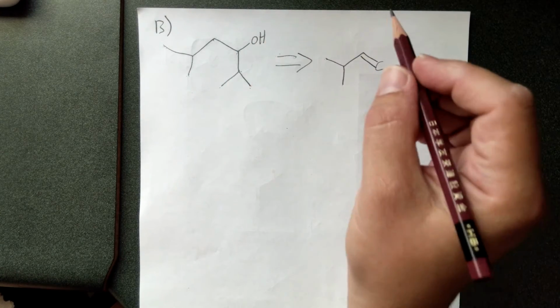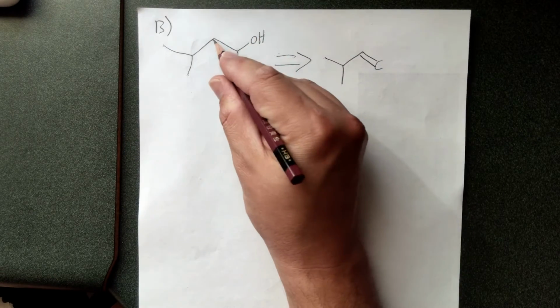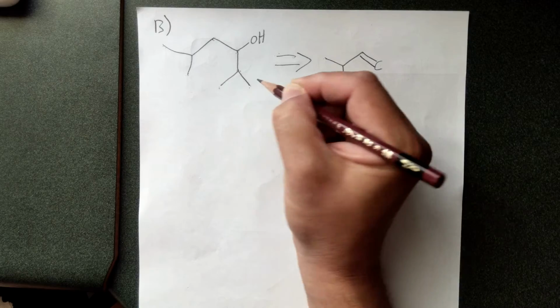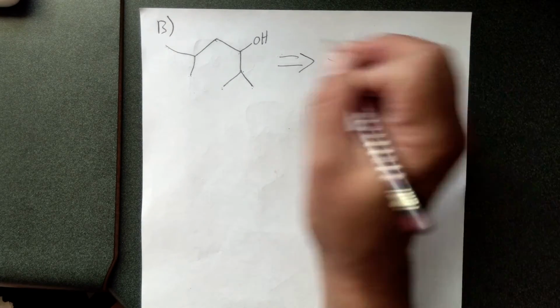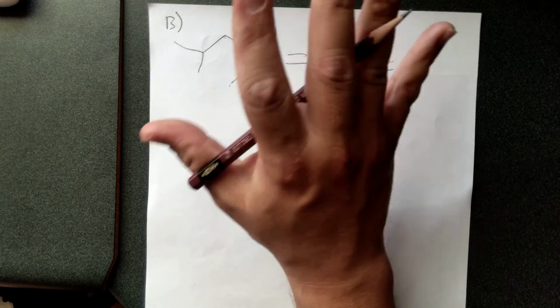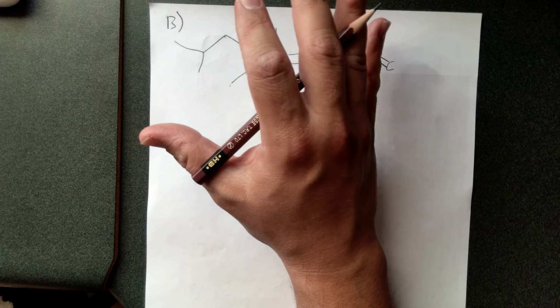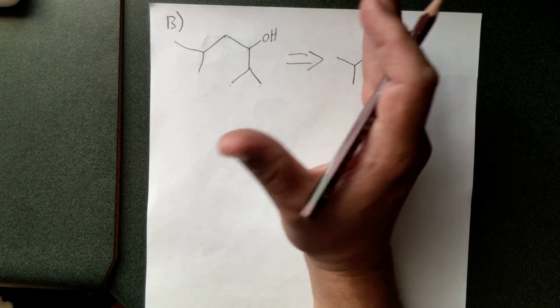Now, the thing that should make you think twice about these 5 carbons being the starting material is you're making a bond between this end carbon here and these 3 carbons. And so the only way that we can do that is through a Grignard or through the terminal alkyne.